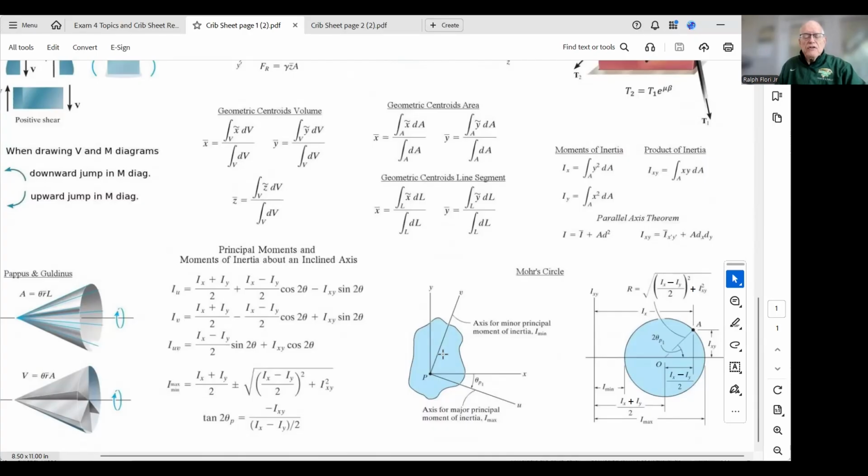If you do the integral of a distance squared times dA, and all of the distances from this axis to the various dAs on this area are minimized, then this is I min, and the I max axis is perpendicular to it. That's a common conceptual question, and it's on your crib sheet. Learn to read your crib sheet.